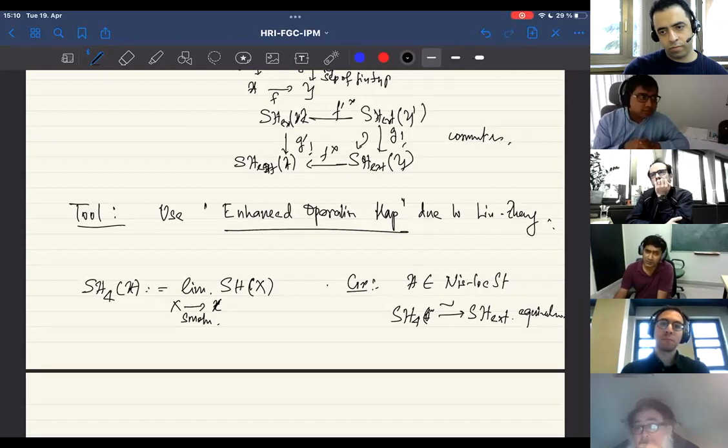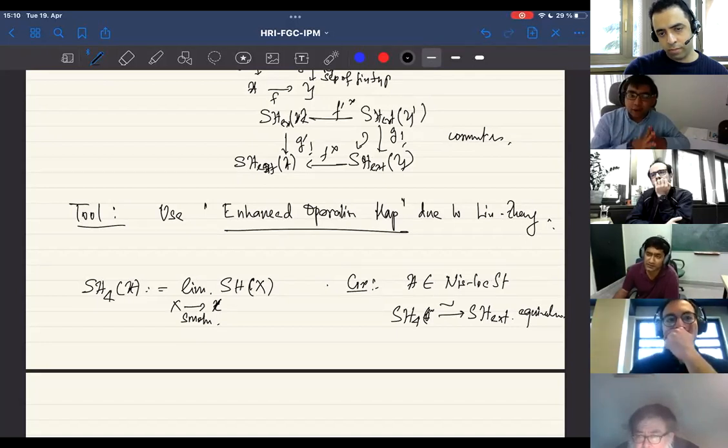They actually wanted something for non-representable morphisms. If you look closely, Scholze, in his paper on étale cohomology of diamonds, has this functor formalism, but only for representable morphisms, quasi-finite. But now they want it for non-representable, and the enhanced operation map can be done for non-representable morphisms.